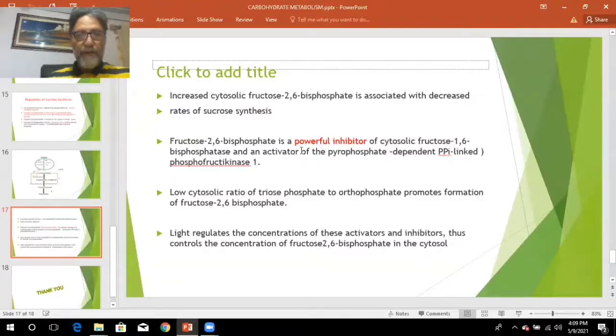We have seen that the starch is synthesized within the stroma of the chloroplast, and its structure is such that it acts as a storage polysaccharide. And likewise, we have seen the sucrose, which will be produced within the mesophyll cells, and which of course is also regulated by key regulatory enzymes, and certain molecules act as powerful regulators for it.